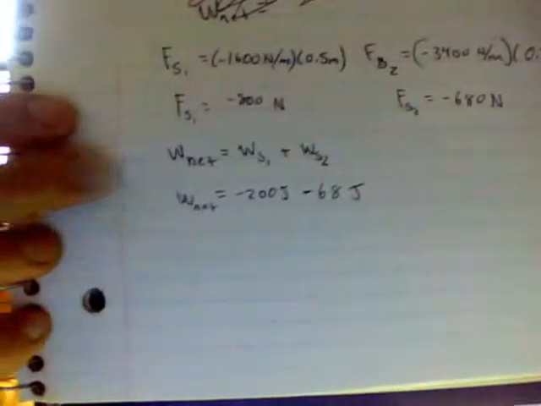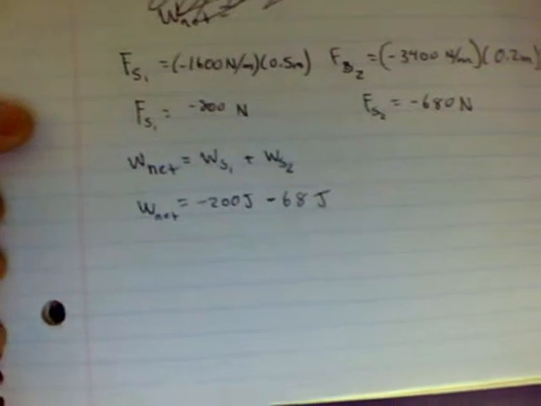Right there. So that means that your net work should equal negative 268 joules.